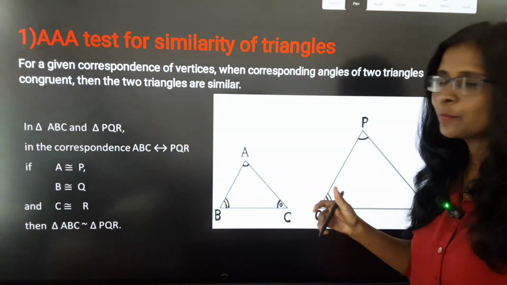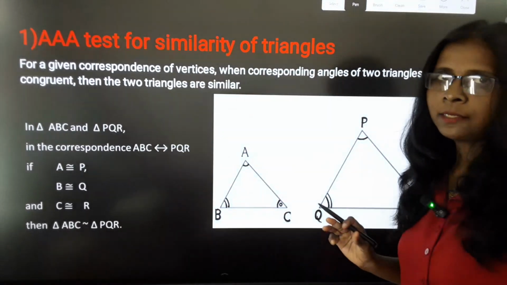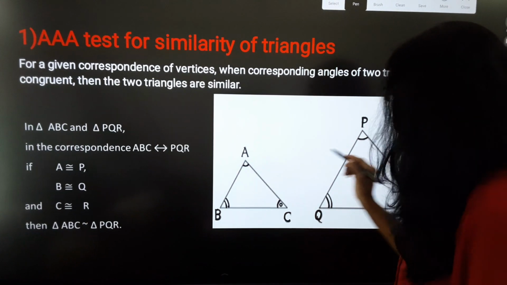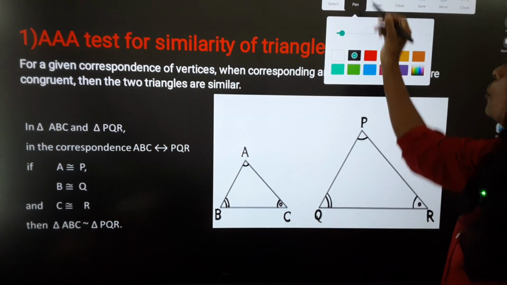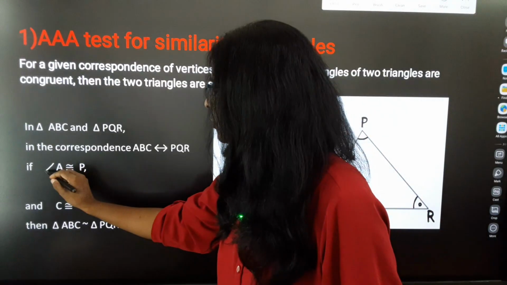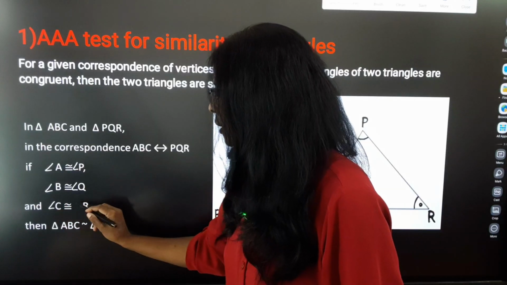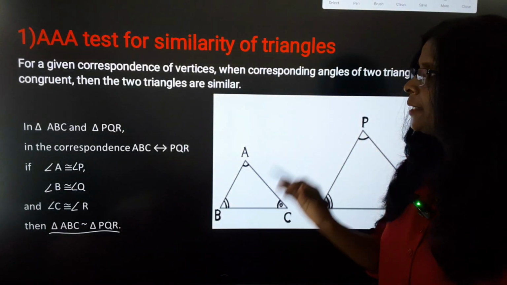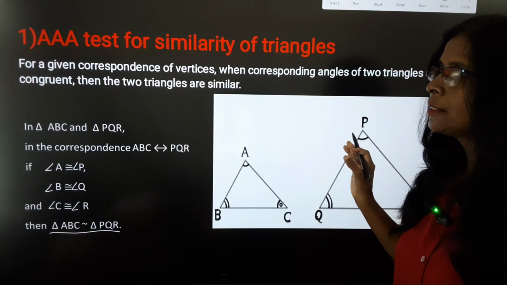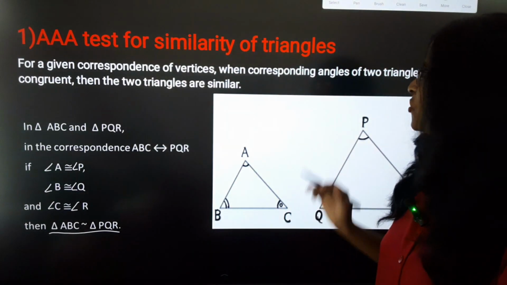If you consider the correspondence ABC to PQR in their vertices, then angle A is congruent to angle P, angle B is congruent to angle Q, and angle C is congruent to angle R. If three corresponding angles are congruent to each other, then triangle ABC is similar to triangle PQR by the AAA test.